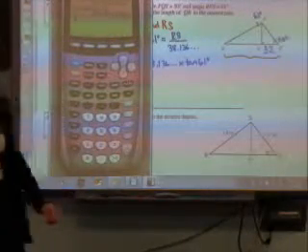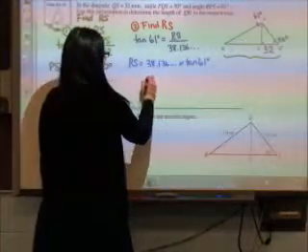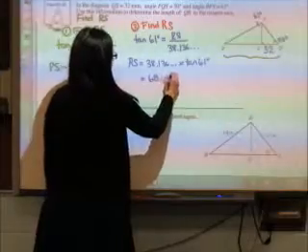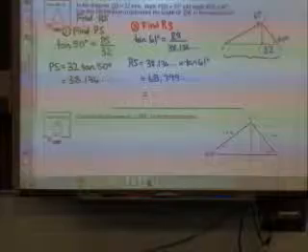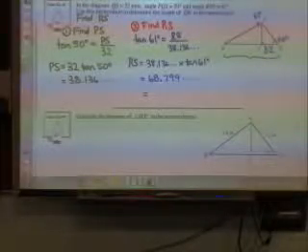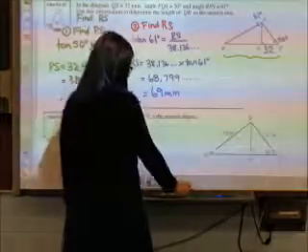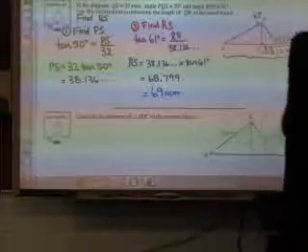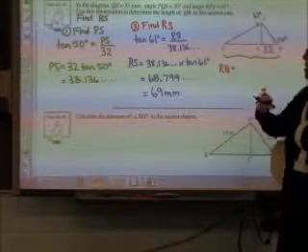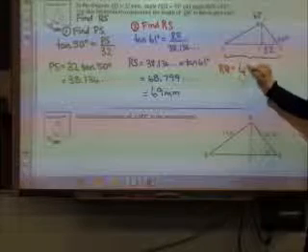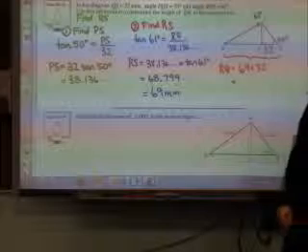And I get 68.799. So to the nearest millimeter would be how many millimeters? 69 millimeters would be the length of RS. But that's not the length of RQ. RQ would be the 69 plus the 32, which would be what?